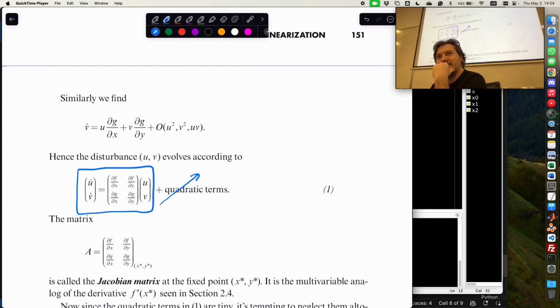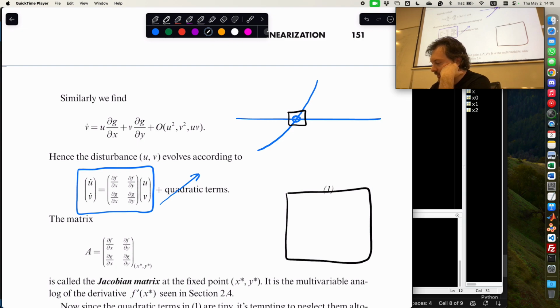Should I repeat what just happened? So we saw a nonlinear system, right? There was a fixed point here. Now we get closer and closer to that fixed point, and in that close vicinity, it is basically a linear system. That's what we are doing, okay? So we are linearizing this part, and if you are thinking that these are functions, they are not.